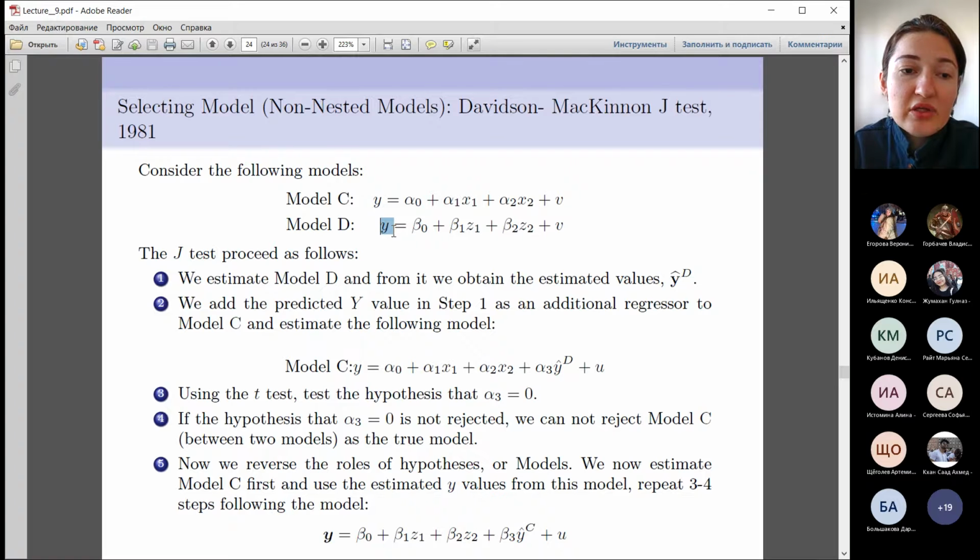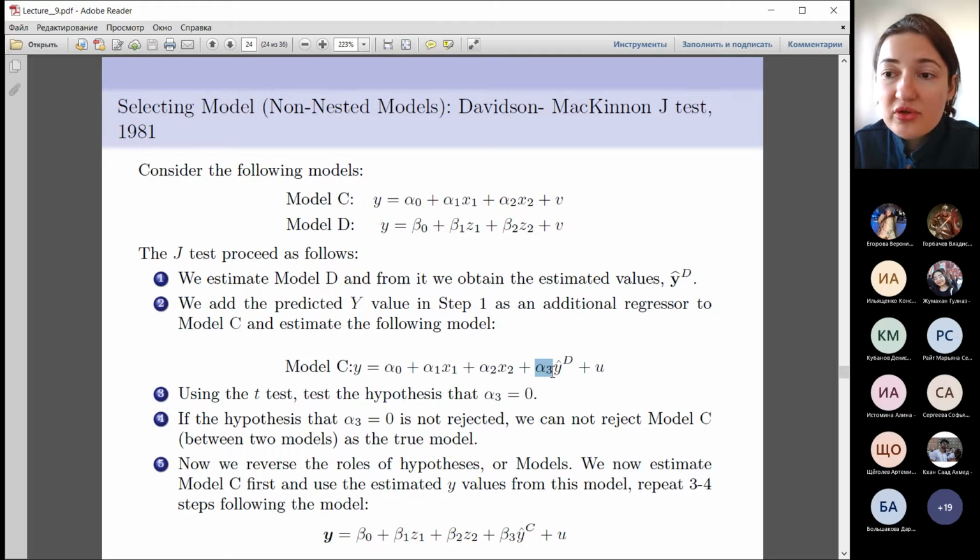In the next step, you add the predicted value from step 1 as an additional regressor to model C. And now your model C looks like this. So the same variables, x1, x2 from your original model, but also you include here the fitted values from model D. And the null hypothesis here is that this coefficient equals 0.